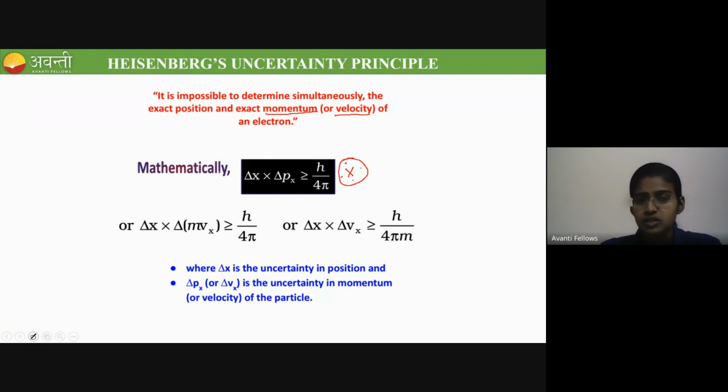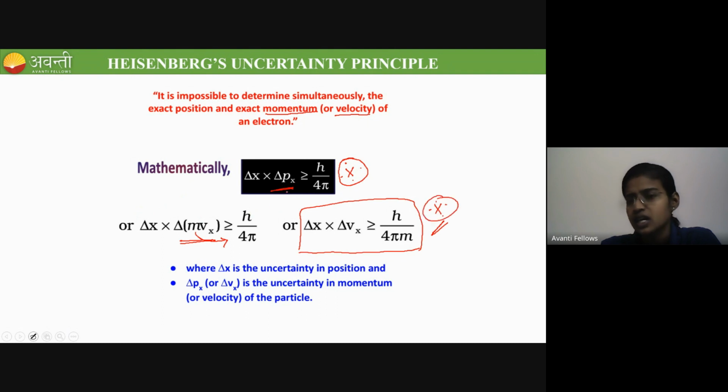Change in position, delta x, and change in momentum, delta p, will be greater than or equal to h by 4 pi. In place of this delta p, we are substituting mass into velocity. If you bring this mass to the other side, it goes to the denominator and we arrive at this particular formula. So this is also an important formula which is derived from the first formula.